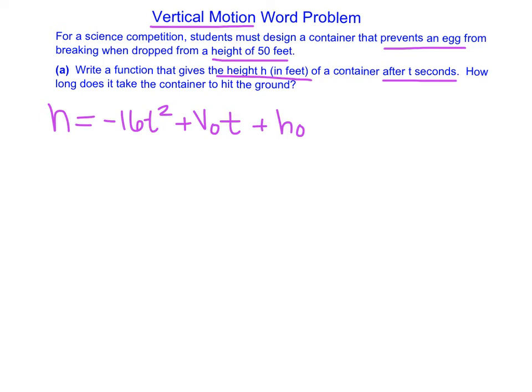Now if I look in the information I'm given in the word problem, the first thing I notice is that I start at a height of 50 feet. Remember, the height where you start is the equivalent of your initial height. So here, my initial height is going to be equal to 50. I'm also told that the egg is just dropped. When something is just dropped, it means it starts from 0, and then eventually it will drop and get faster and faster.